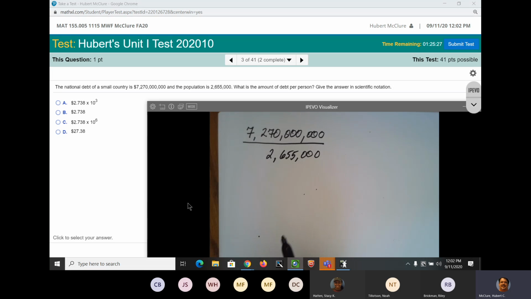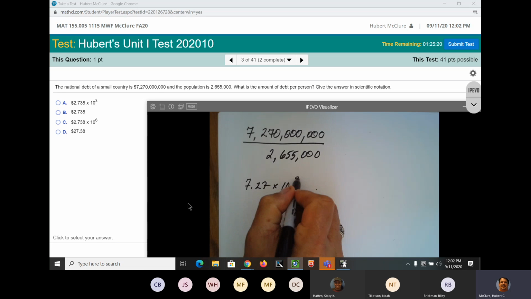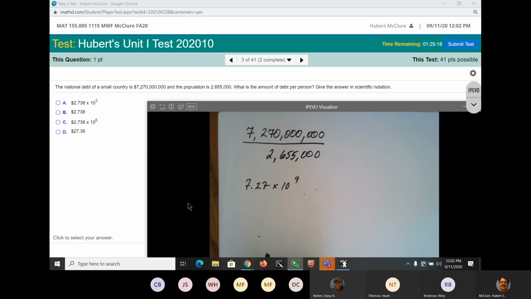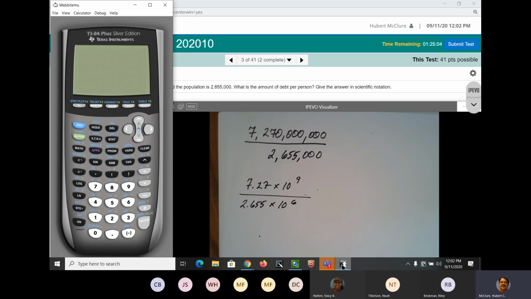We know that's 9. So 7.27 times 10 to the 9th power divided by 2.655 times 10 to the 6th power. And I have no idea what this is, so I'm going to take it on the calculator.